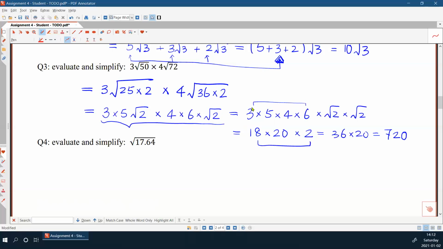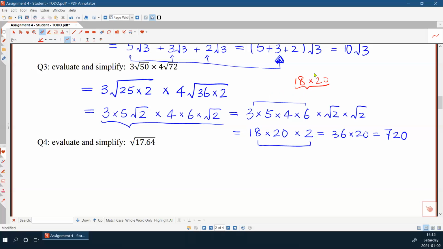Yeah, the reason I calculate 3 by 6 first is because if you calculate this first, this gives you 15, right? And then this gives you 24. 15 by 24 is not very easy to calculate in your head, right? So it's better to calculate 3 by 6 first. 3 by 6 gives you 18 plus 20.